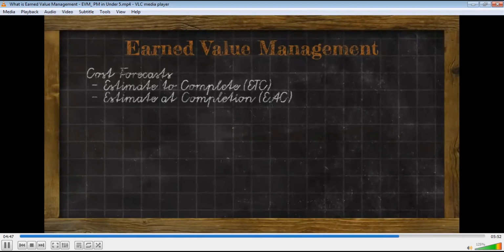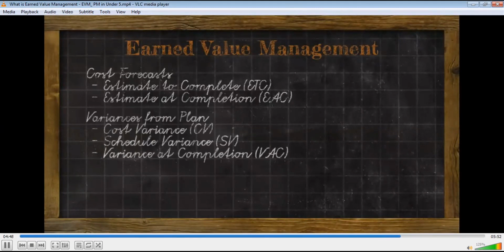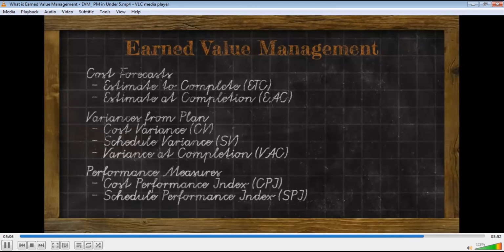We can calculate variances from the plan. We can calculate cost variances, schedule variances, and variance at completion. And finally, there are two principal performance measures that we can calculate. And these are CPI, or Cost Performance Index, and SPI, Schedule Performance Index.